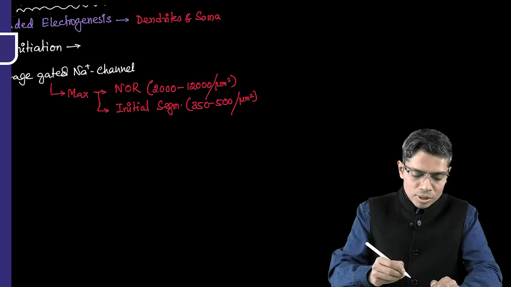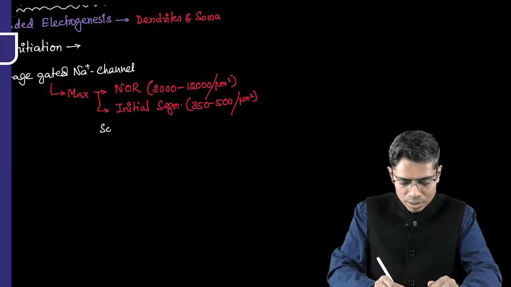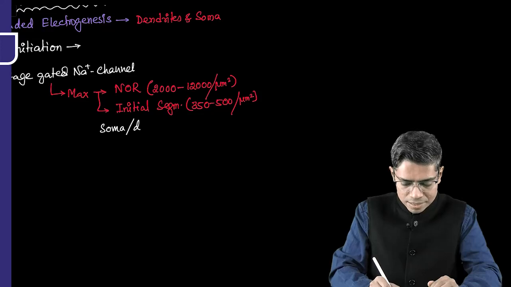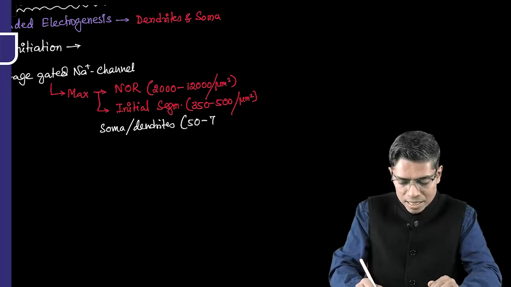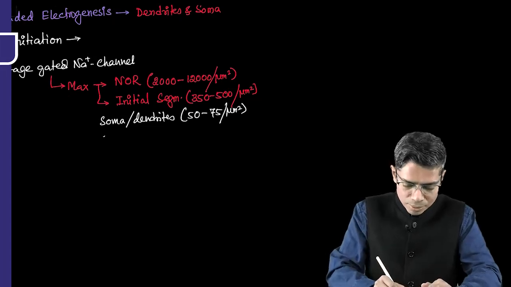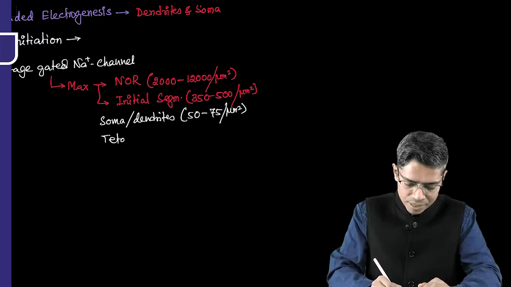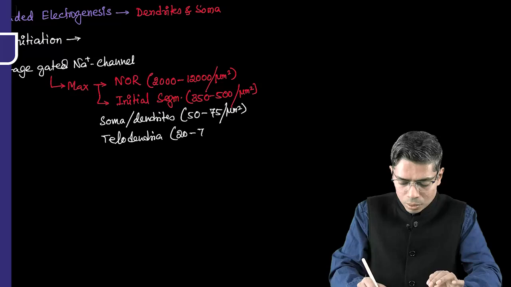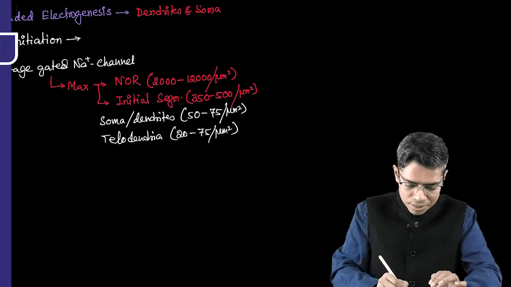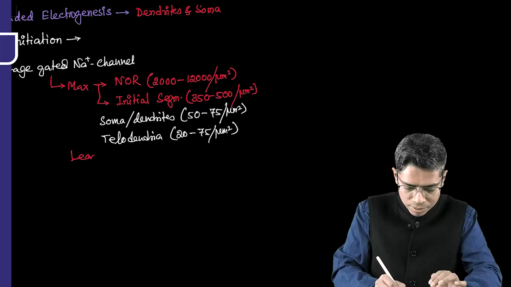But if you look at the cell body or dendrites, meaning soma or dendrites, the number of voltage gated sodium channels is very low there, and that's why I told you earlier that they cannot produce action potential. Similarly, the telodendria also contain a very low number of voltage gated sodium channels.